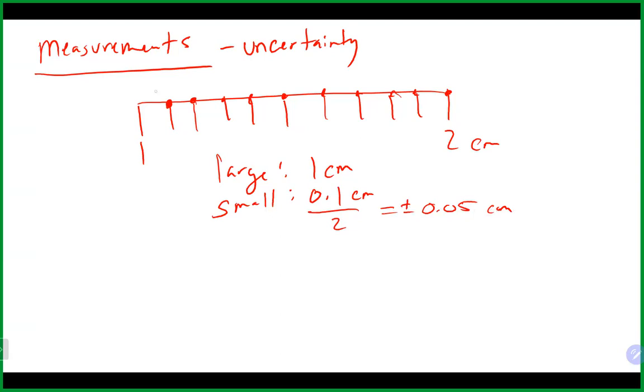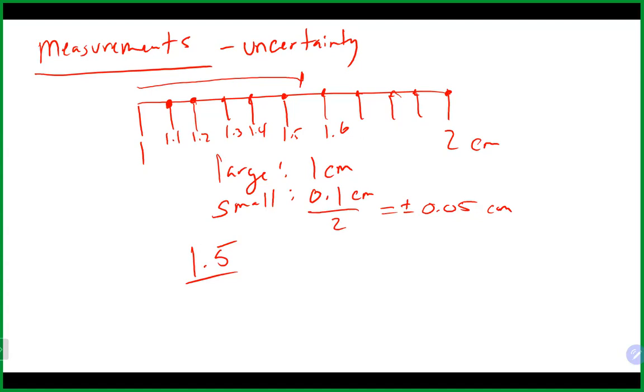So if we were going to measure a line like we looked at before, there is 1.1, 1.2, 1.3, 1.4, 1.5. There are certain numbers, as we talked about, that everybody should agree upon. In this case, something like 1.5, they would agree upon. The last one there is that estimated digit.